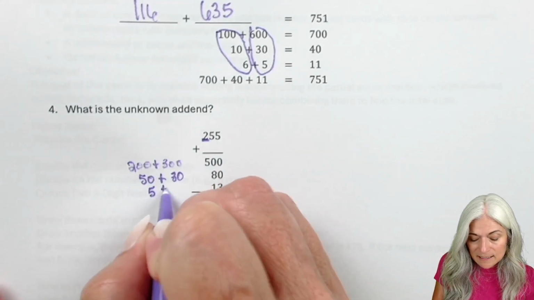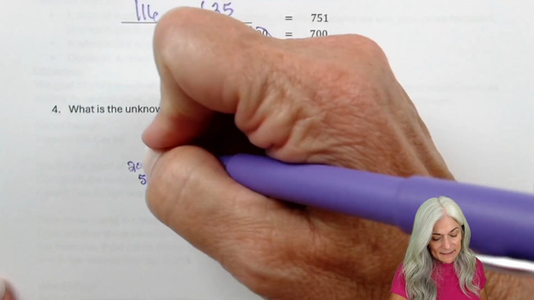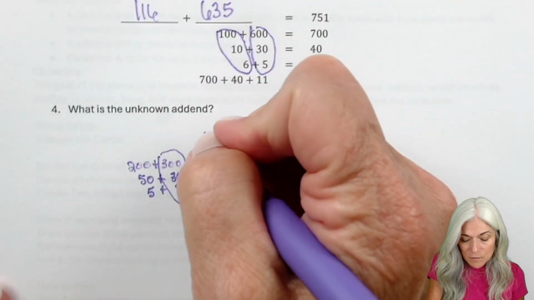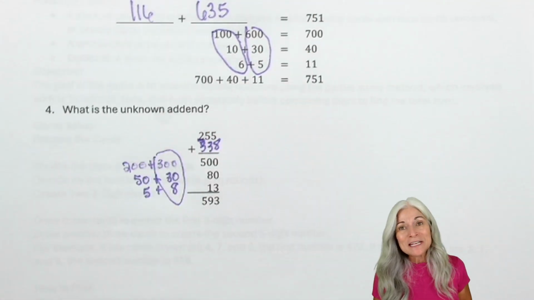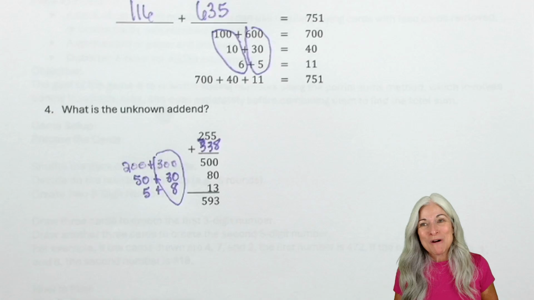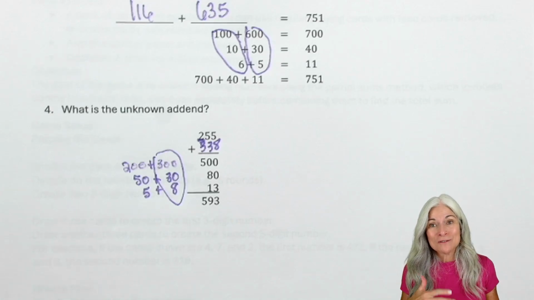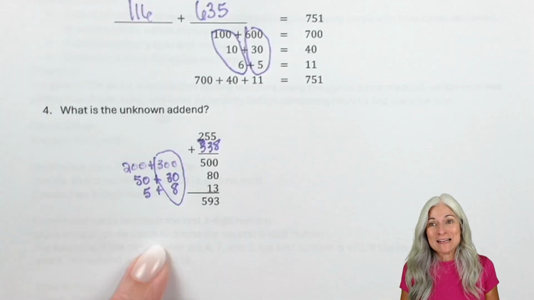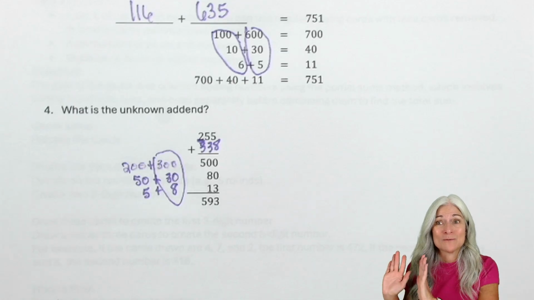What would I add to 5 to get 13? I would add 8. So the other number is going to be 338. We haven't done subtracting yet with borrowing, or regrouping as we're going to call it. So don't try to work it that way and explain that to your student. It's just going to get them confused because we're not there yet.